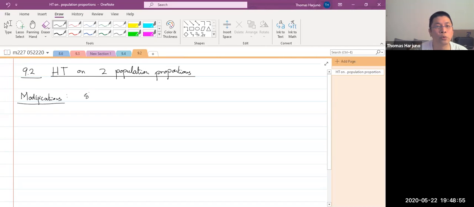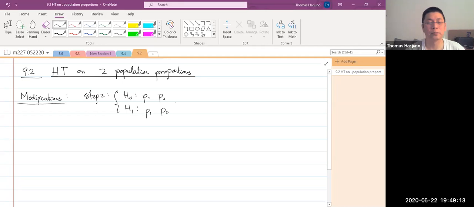In our step 2, the null hypothesis and alternate hypothesis will involve the proportion from the first population and the proportion from the second population. We will modify that to be P1 minus P2 compared with 0. That's how we get the constant.